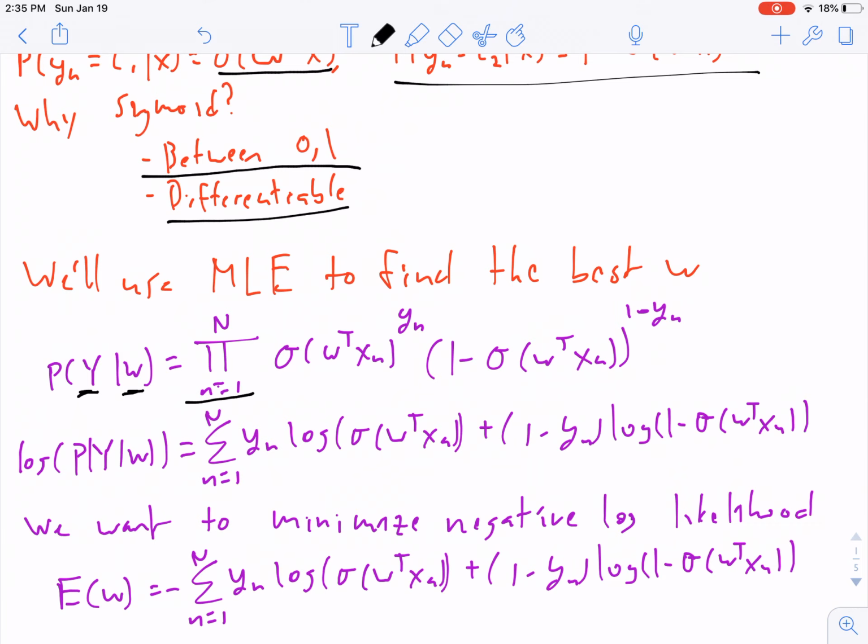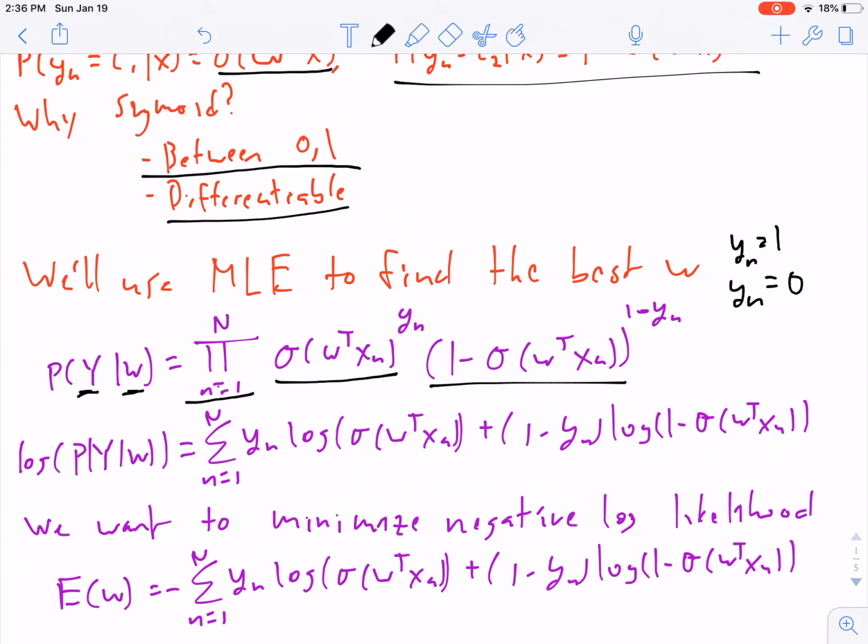And the probability that the nth point is in class 1 is just sigmoid of w^T x_n, and the probability that it's in class 2 is just 1 minus that. So y_n is equal to 1 if it's in class 1, and y_n is equal to 0 if it's in class 2. That's just how we're going to denote the data.